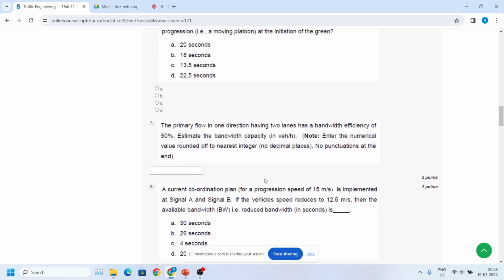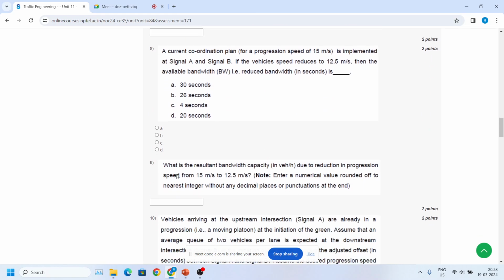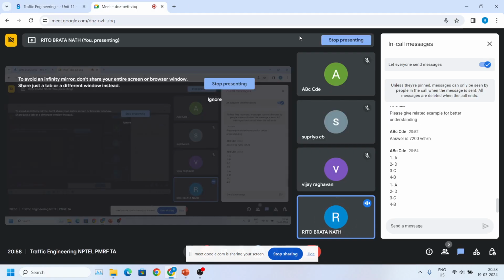Okay, I have to check the units and everything. This I didn't work out, but it may be 7200. I don't know.